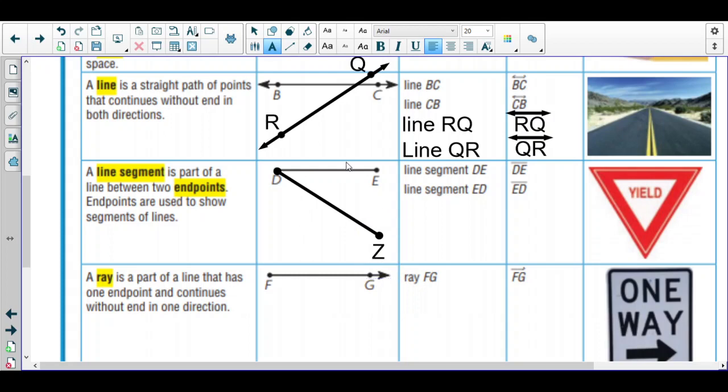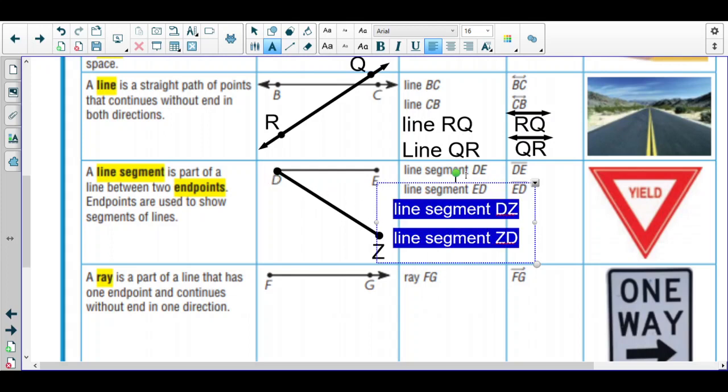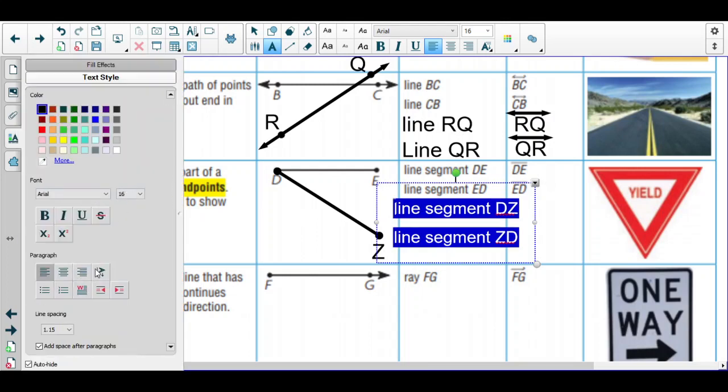All right, so I have two line segments here. I have the line segment DE, the line segment ED. I also have line segment DZ and line segment ZD. So this one point D actually shares an endpoint with two different line segments.